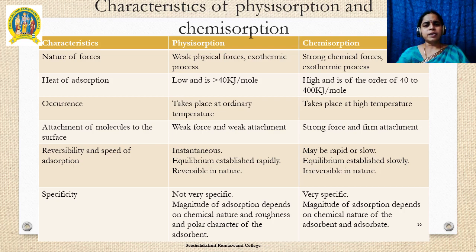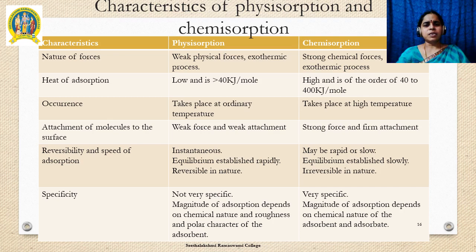Chemisorption occurs at high temperature. Physisorption exists with a weak force, and the attachment between the adsorbent and adsorbate is very weak. Chemisorption takes place with a strong chemical bond, and the attachment between the adsorbent and adsorbate is firm.